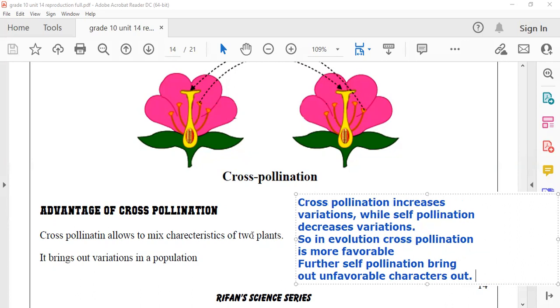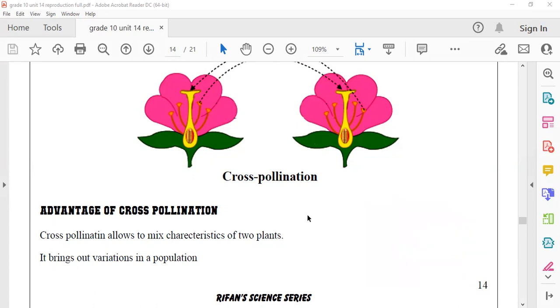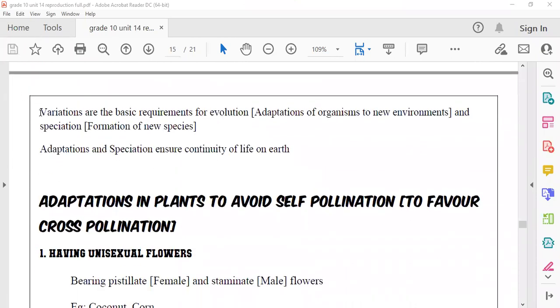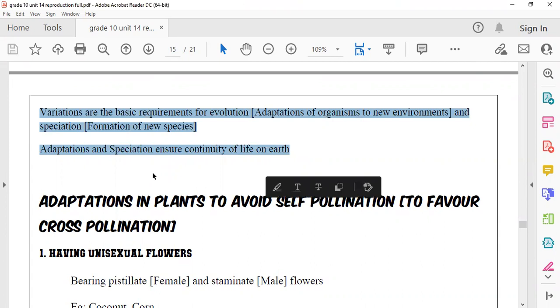So by both of these means, you will understand that cross-pollination is the better choice. Here is the note for you, you can write it down.